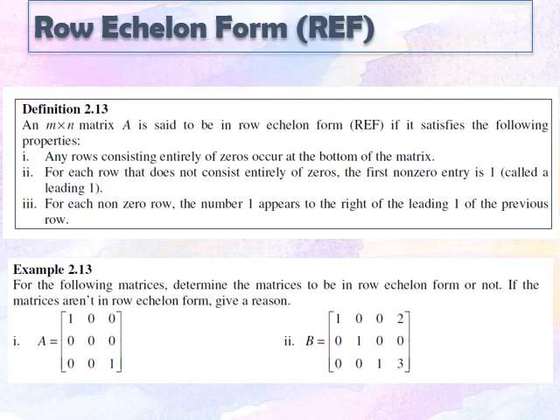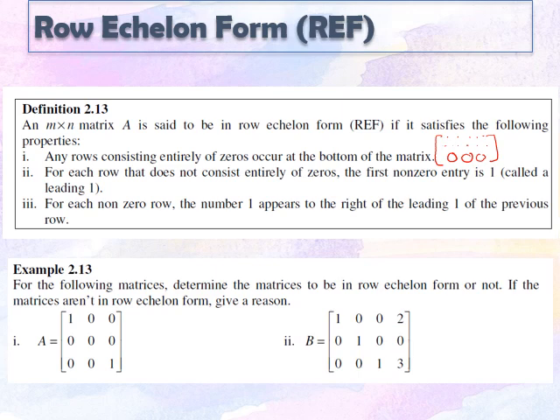For number 1, any row consisting entirely of 0 occurs at the bottom. Meaning, if you have a row which has 0, 0, 0, it must be at the bottom. It cannot be here or here. It must appear at the bottom of the matrix.